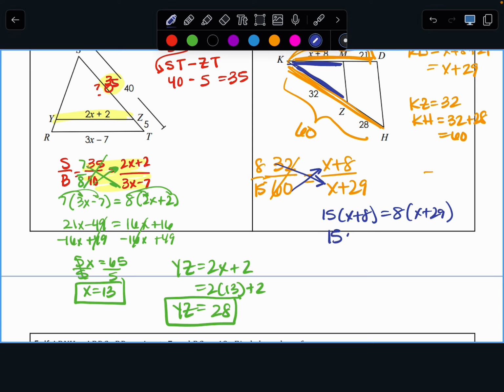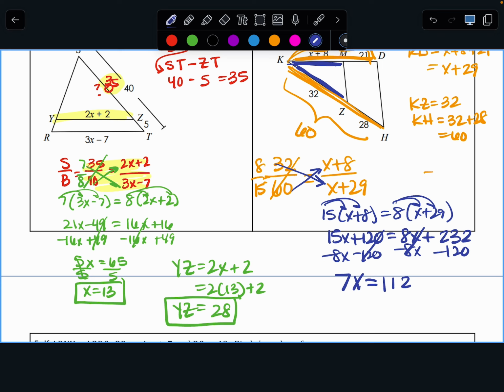So this is 15x plus 120 equals 8x plus 232 that I get from distributing, minus 8x minus 120, 7x equals 112.